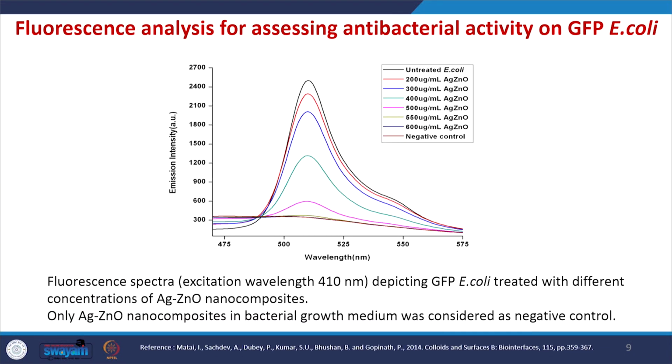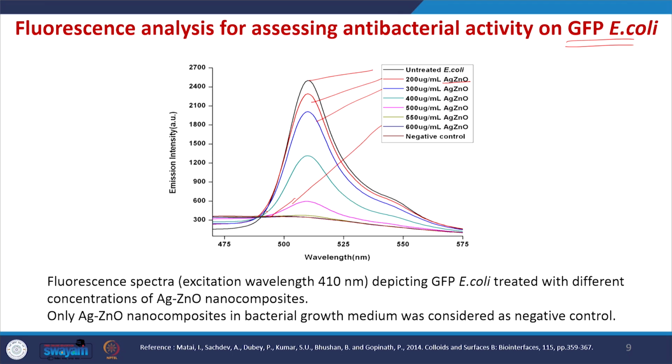An additional advantage of using this GFP E. coli is we can also do the fluorescent analysis for assessing the antibacterial activity. For example, in this case, when we are treating with the AZ-ZNO nanocomposite, you can see here this untreated E. coli. In untreated E. coli, this is giving a very high fluorescence, and with respect to concentration of nanocomposites, you can see that the fluorescent intensity is going down, and you can see that at high concentration it is completely gone down, fluorescence is completely gone down.